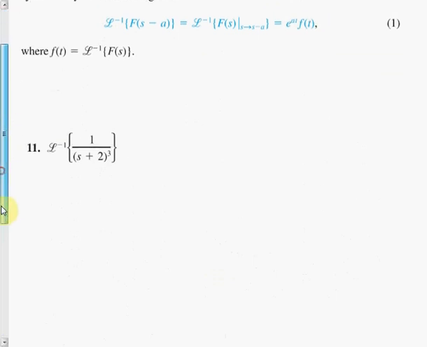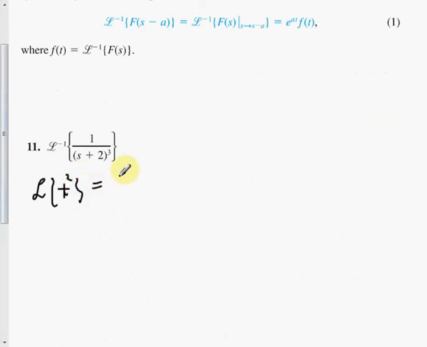Now let's look at this and see what's happening. What I see here is the Laplace transform of t squared, which is 2 all over s to the 3rd. Now there's no 2 up there, so we have to write this as 1/2 times the Laplace transform of t squared. So that's 1 over s to the 3rd.